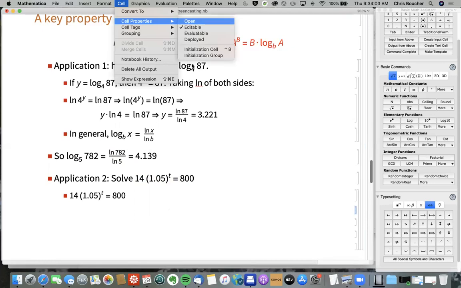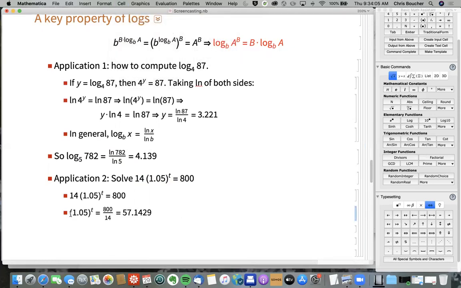Then I will divide both sides by 14. So when I do that, right, the 14 goes away on the left-hand side, and I just get 1.05 to the t. And on the right, I get 800 over 14. You can do that on the fly on a calculator if you want, or you can just leave it as 800 over 14. All right, so how do I solve this equation?